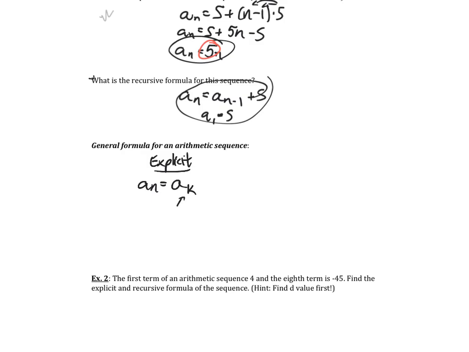Okay, it represents the value of a term in the sequence. In the previous case, we used 5 because I knew 5 was the first term. So value of a term in the sequence. Okay, and then we're going to add to it plus n minus k times d. We know d is the common difference.